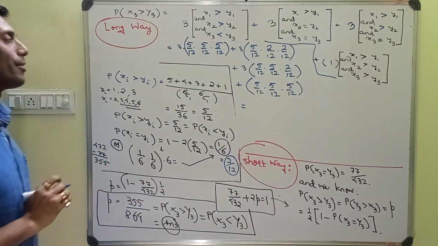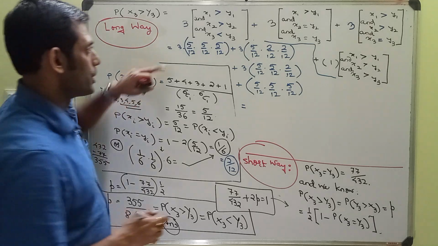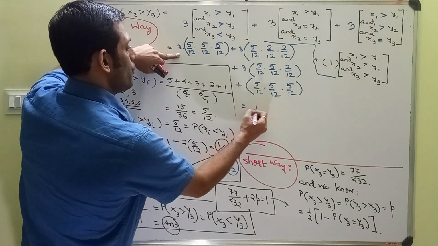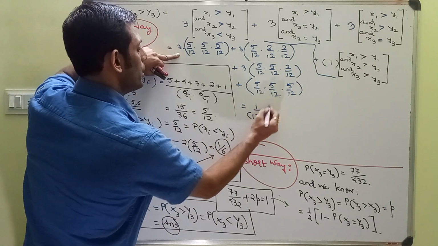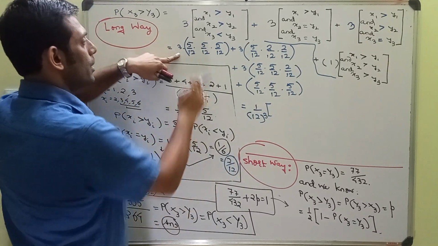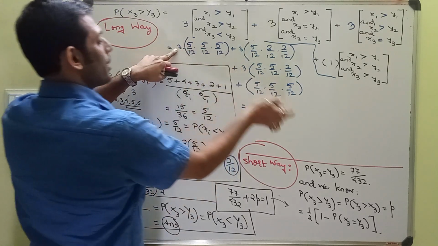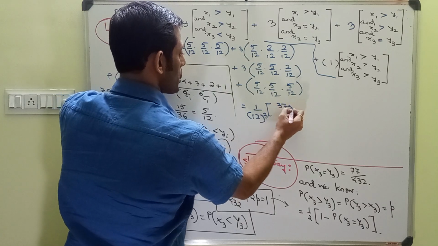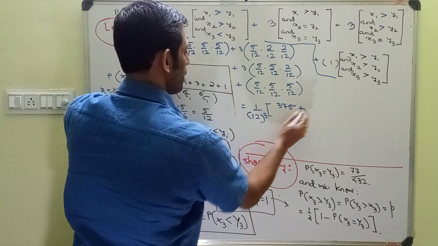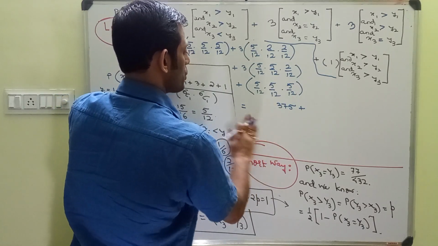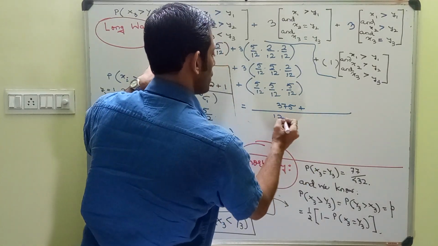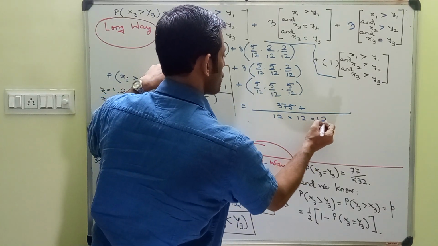If I want to add them up, see, 1 by 12 cube, let it remain outside. 125 into 3, 375 plus, well, let's make it like this. This is 12 cross 12 cross 12.